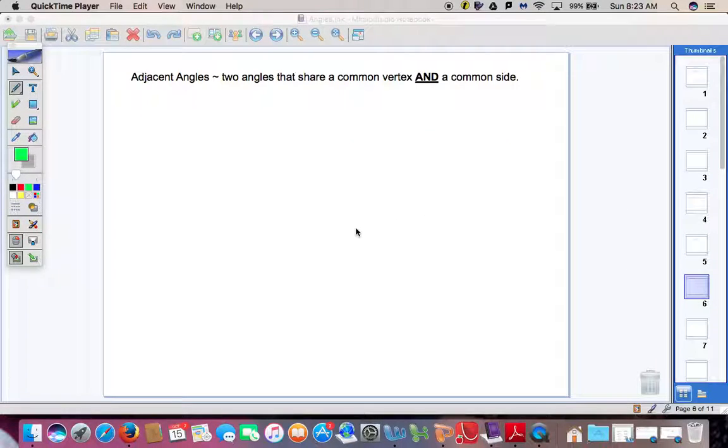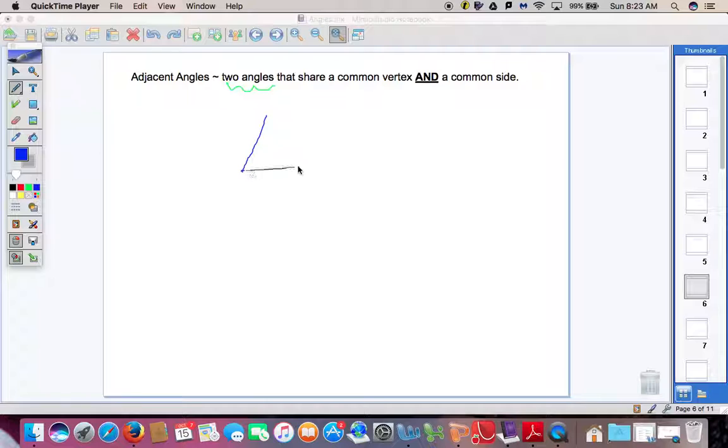Adjacent angles are two angles that share a common vertex and a common side. Okay, so we've got two angles, and if I draw a picture here, we've got angle ABC and angle CBD, let's call this D. And these are adjacent angles because they have this side here that they share, and they have this vertex of B that they share.